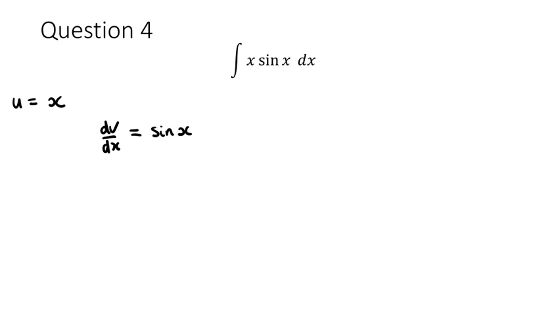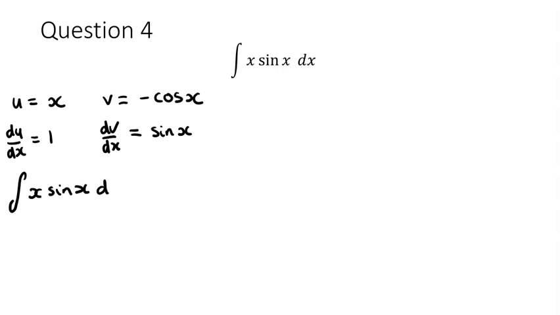The reason why I want to do that is because when I work out du by dx, I'm going to get a 1 there, which is going to be pretty easy to work with. And dv by dx is sine x. Well, I can easily integrate that to get minus cos x. Now, as I mentioned, the integration by parts formula is in your formula book, so please refer to that.